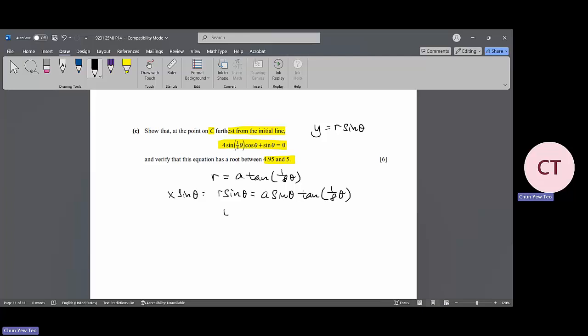This is the y. And you just need to differentiate dy d theta. Dy d theta is a product rule. Keep the left, differentiate the right, plus keep the right, differentiate the left.